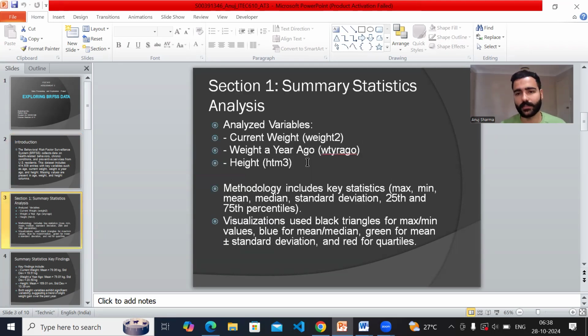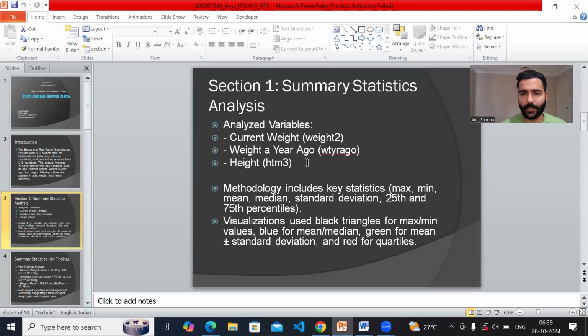So section one is the summary statistical analysis. In this section, we analyze variables like current weight, weight a year ago, and height. In the data, they were labeled WEIGHT2 for current weight, WTYRAGO for weight a year ago, and HTM3 for height.